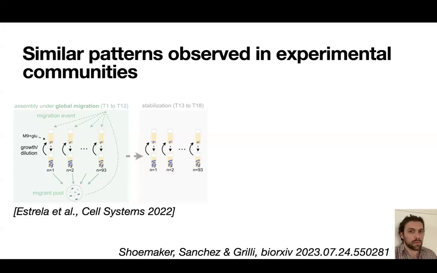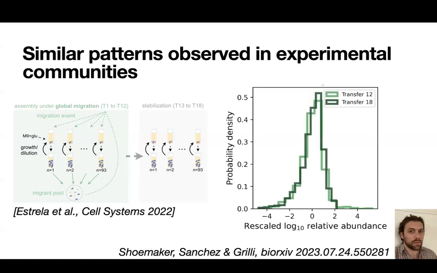And at the end, you get many replicates of these communities that were grown from a common pool on a given defined nutrient. And what you get there is a similar pattern of abundance distribution to what you see in empirical data. So there is a common shape of the variation that we observe in the abundance over time or across space.